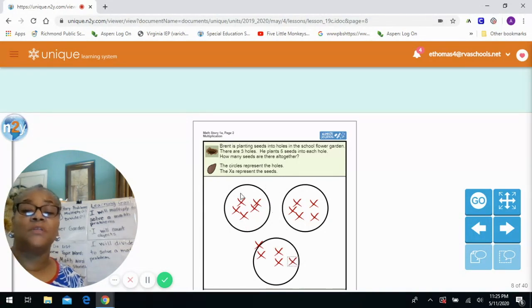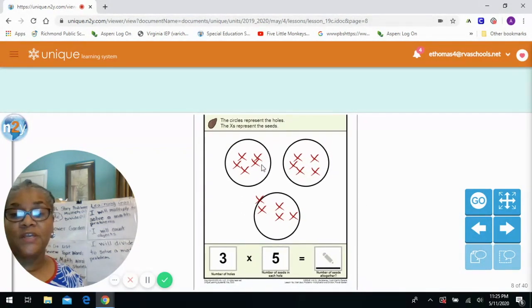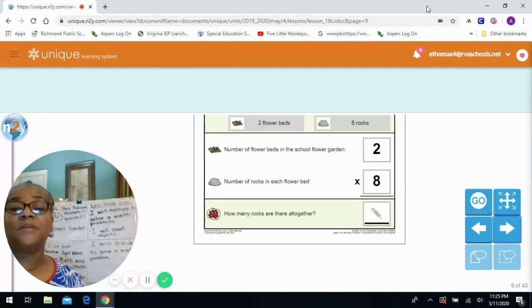And we count them all together: 1, 2, 3, 4, 5, 6, 7, 8, 9, 10, 11, 12, 13, 14, and 15. So 3 sets of 5. 3 times 5 equals 15. Very good.